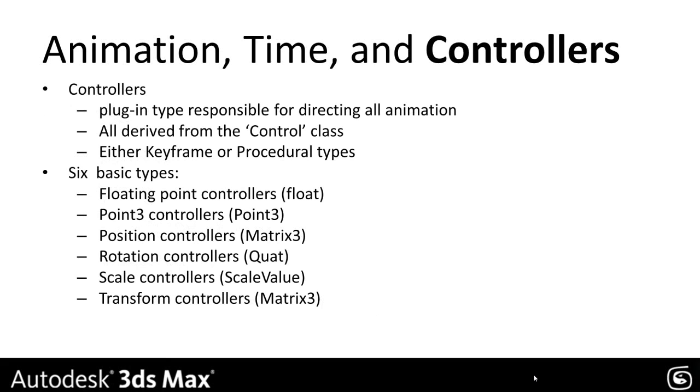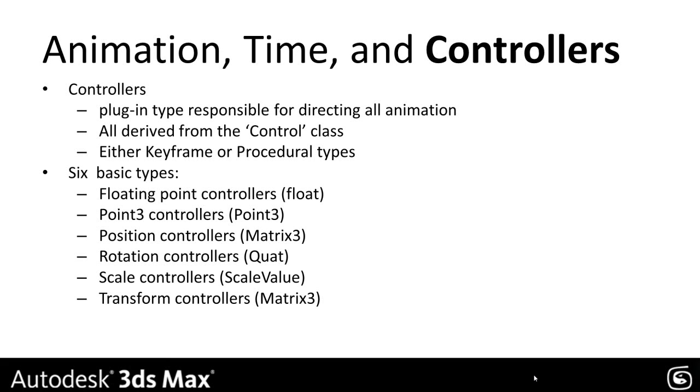And then finally, controllers. Controllers are a specific plugin type that's responsible for directing all the animation. They're all derived from the Control class, and they are either keyframe or procedural type. Okay, so you have to decide that up front. Within that, there are 6 basic types of controllers.